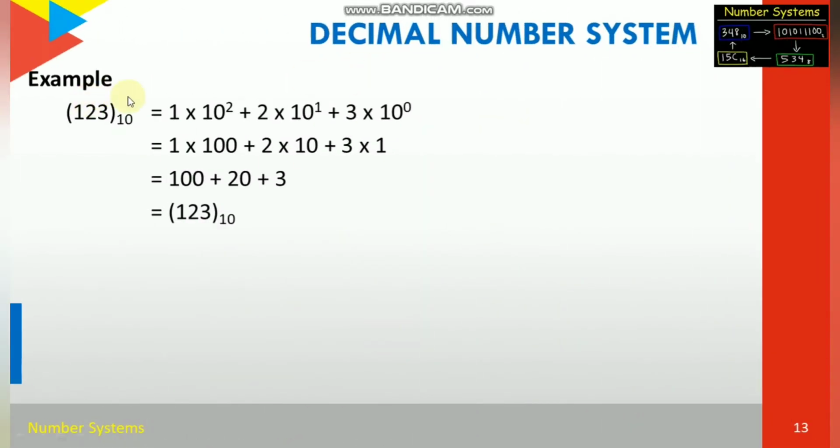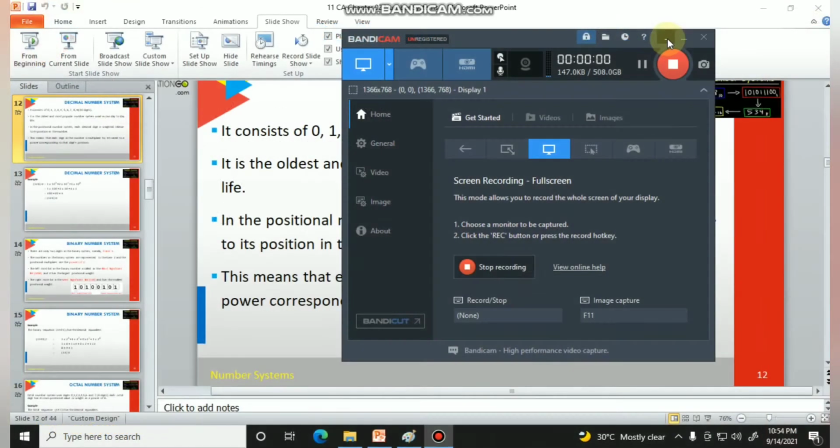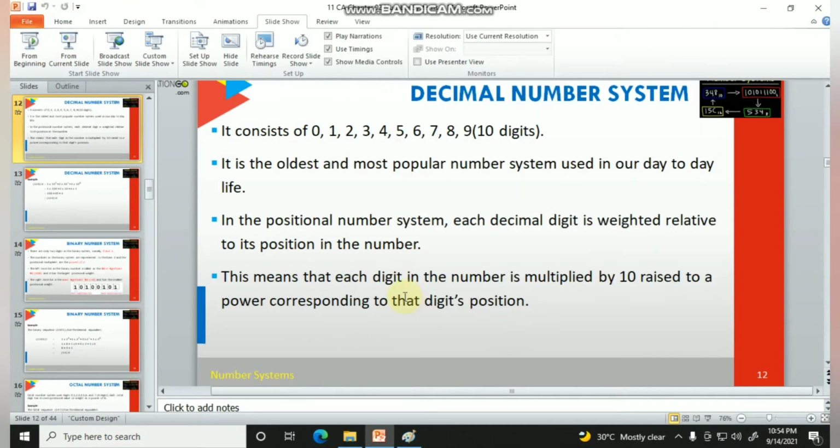See here, this is an example for decimal number system. Here they have given 123 to the base 10. This is called the base value or radix. If you see the last point here, they have mentioned clearly that each digit in the number should be multiplied by 10 raised to the power corresponding to that digit's position.